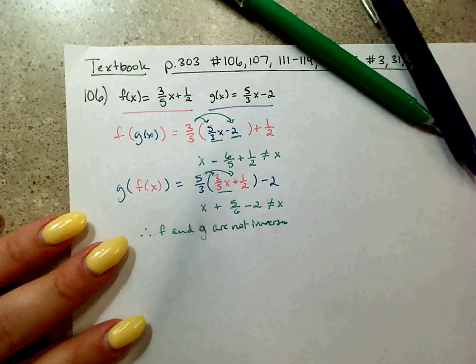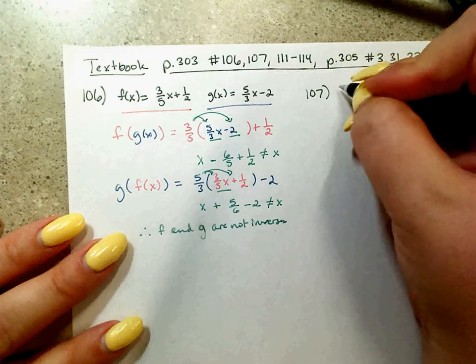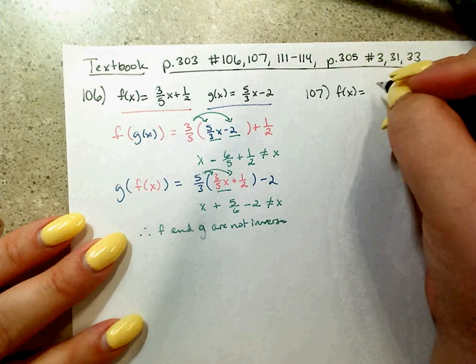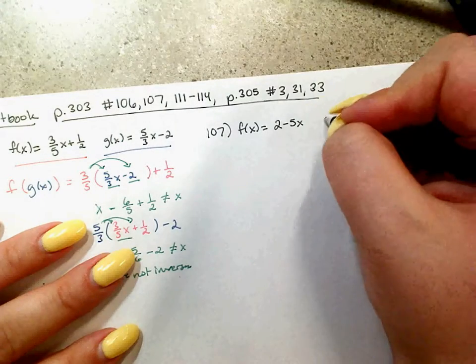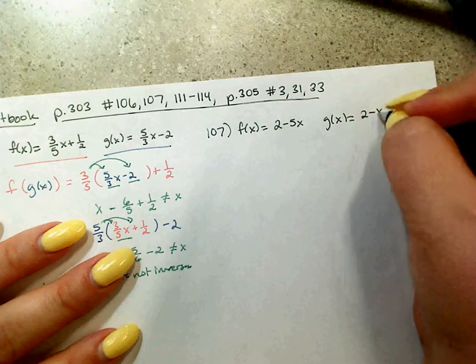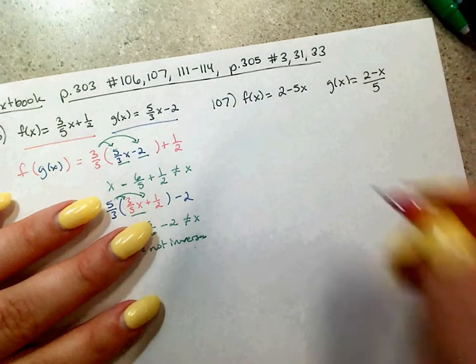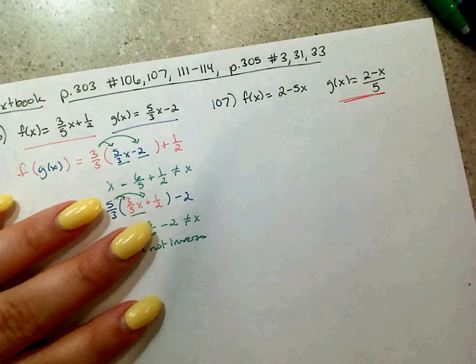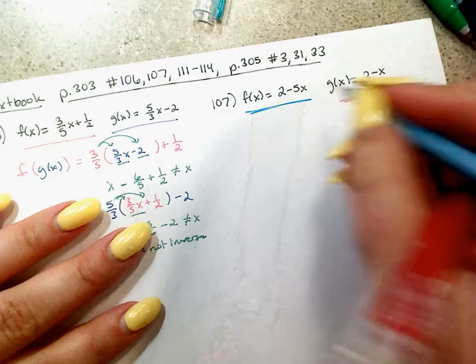Number 107. Similar problem. f of x equals 2 minus 5x, and g of x equals 2 minus x over 5. So I'm going to do f of g and g of f.